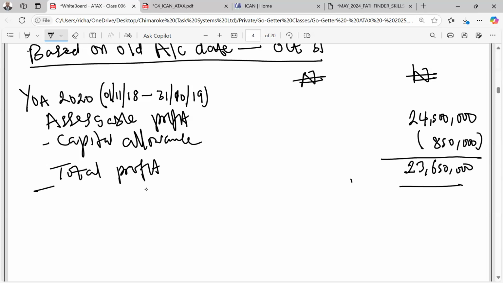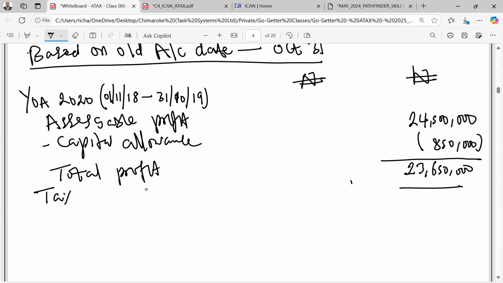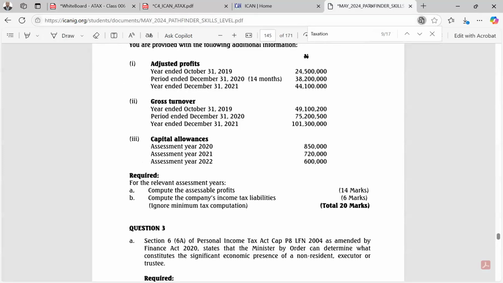Now your tax, let's say this is CIT for this company. At how many percent? The percentage to use, because this is 2020, it comes under the Finance Act. Should it be 30? No, it should not be 30. Can you see here? Gross turnover is 49 million.